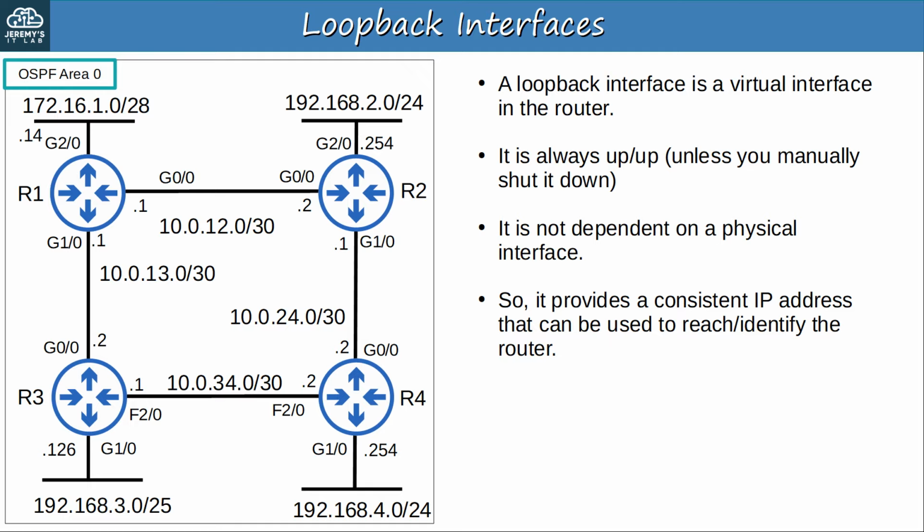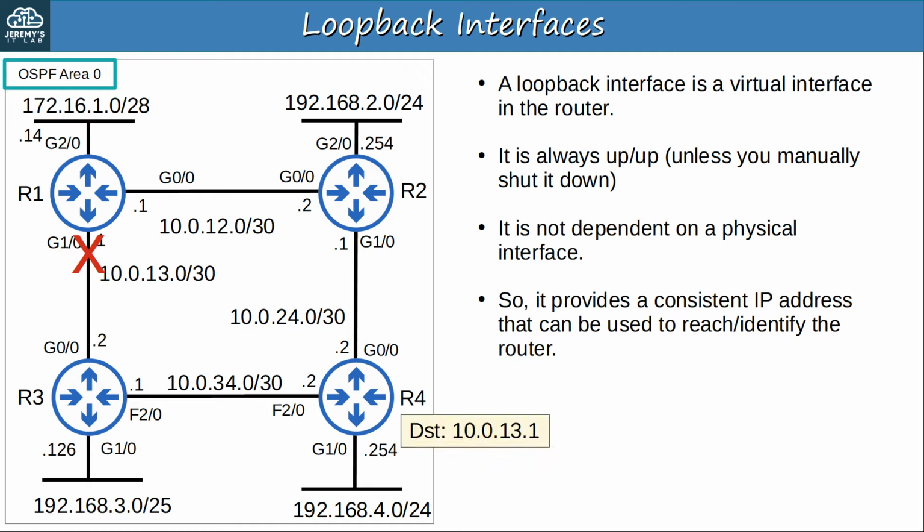Sometimes you need to send traffic directly to a router. Let's say R1 has no loopback interface at the moment, and R4 receives a packet destined for R1 at 10.0.13.1, the IP address of its G10 interface. It might forward it to R1 like this. What if R1's G10 interface goes down for some reason?